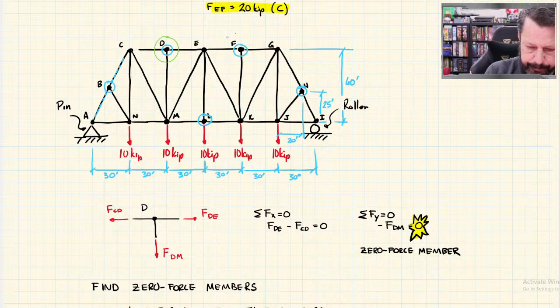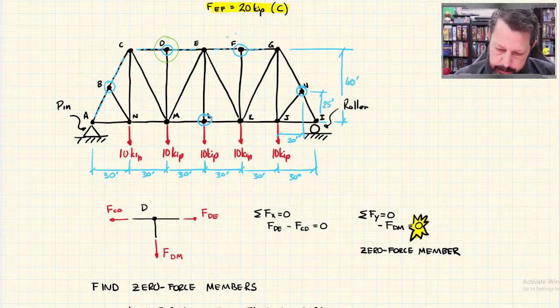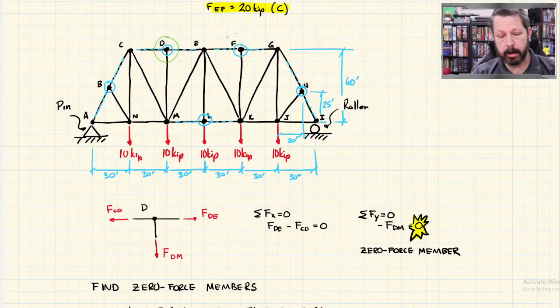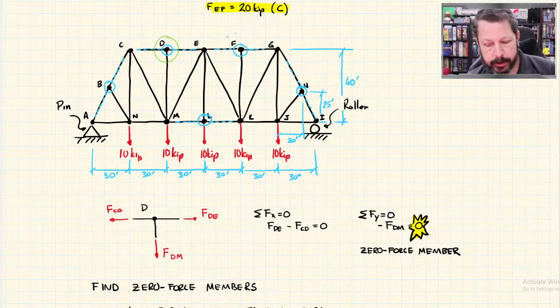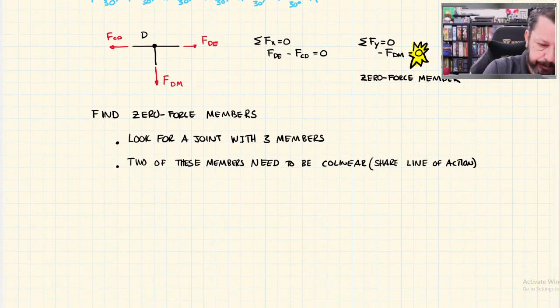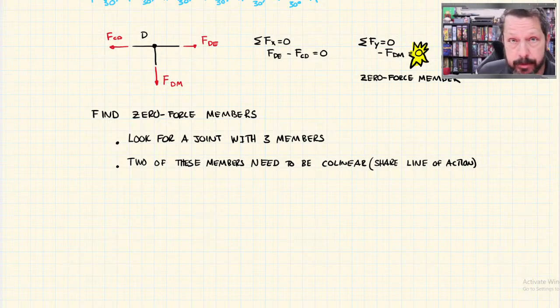CD, whoa, what am I doing? CD and DE are collinear. EF and FG are collinear. GH and HI are collinear. And KL and LM are collinear. So all of these actually still qualify. If they had been a joint where there weren't 2 of the members collinear, then that would throw them out of our little process here. But all of ours had at least 2 collinear members.